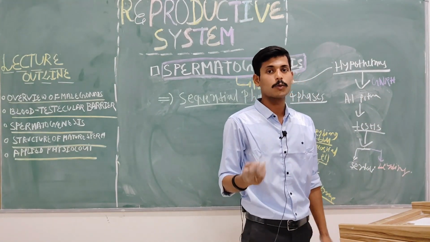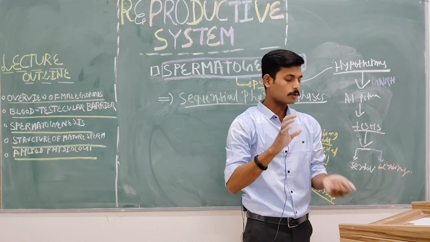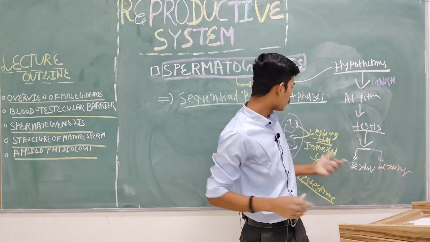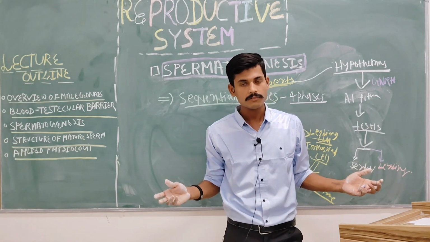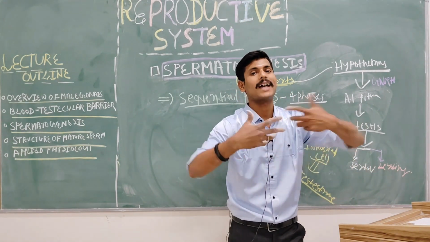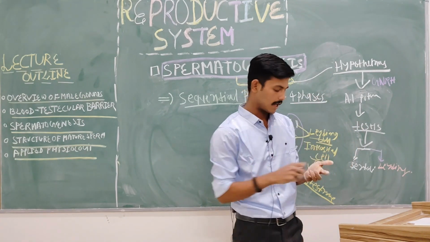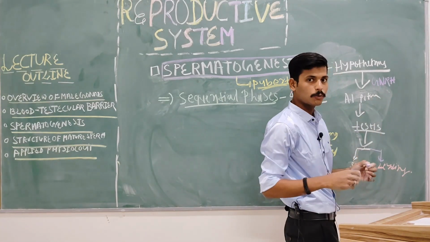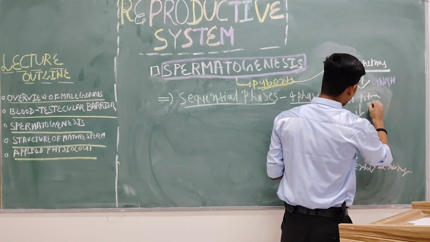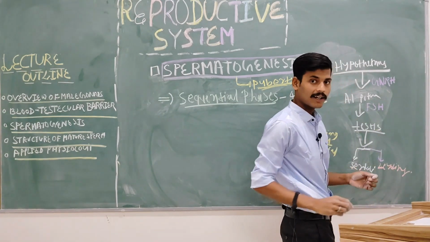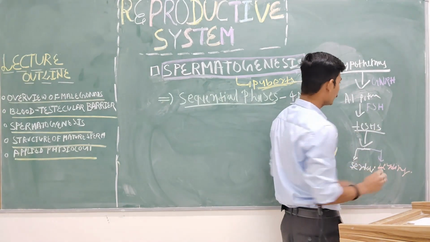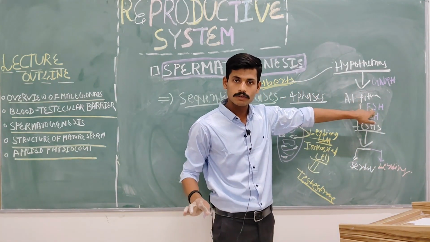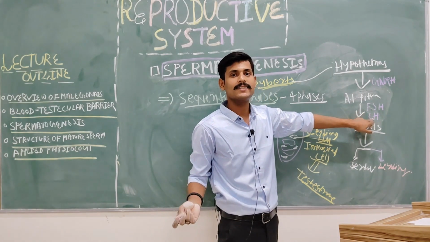As I told you previously, gonadotrophins are those hormones which have a trophic action on the gonads, and here the gonads are the testes. Trophic action means growth action, development action. In response to GnRH, the anterior pituitary secretes two types of hormone. One is called FSH, another is called LH: follicle stimulating hormone and luteinizing hormone.